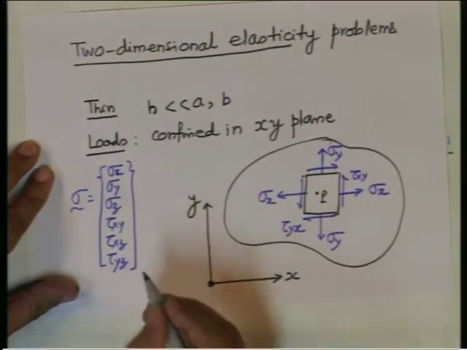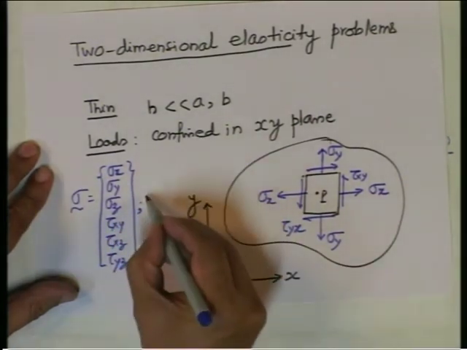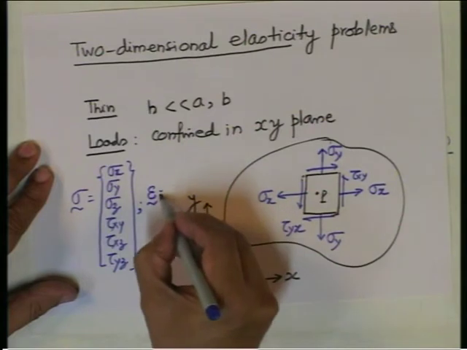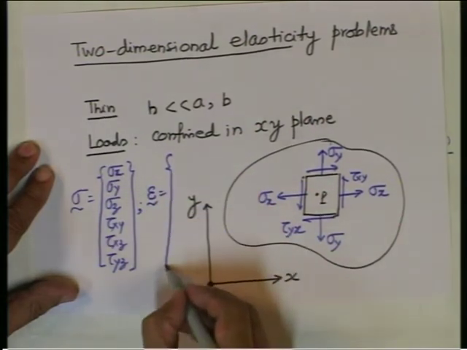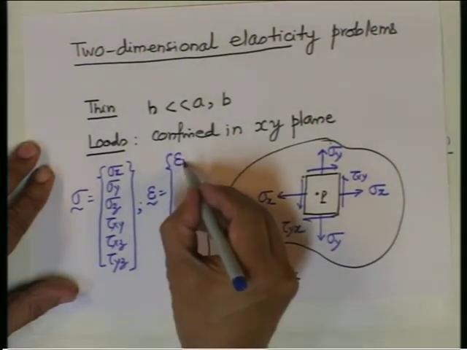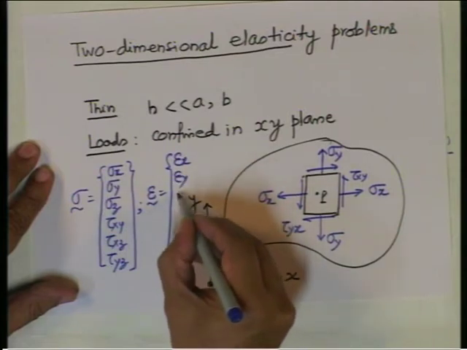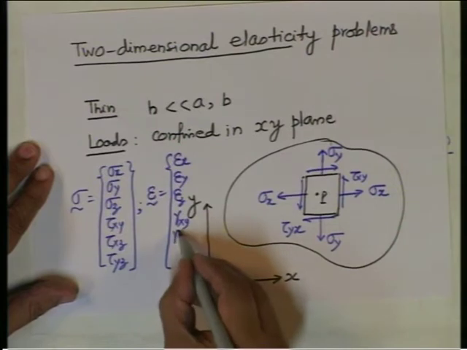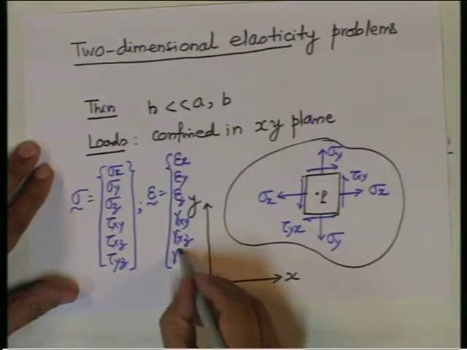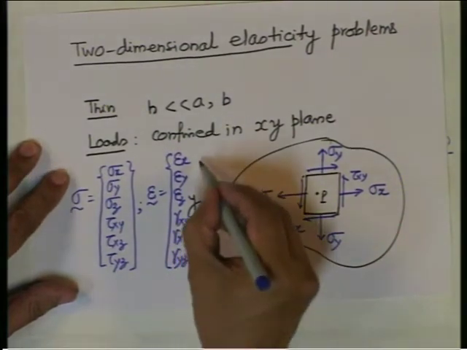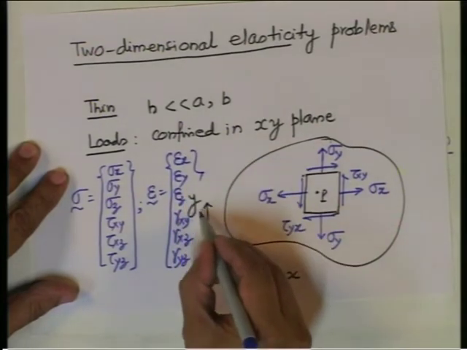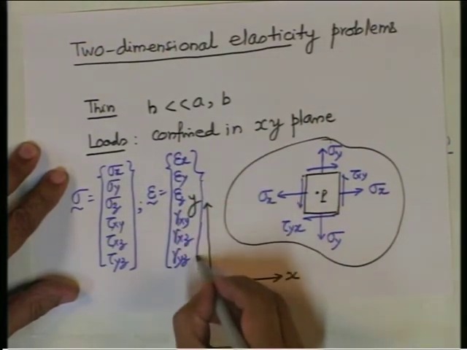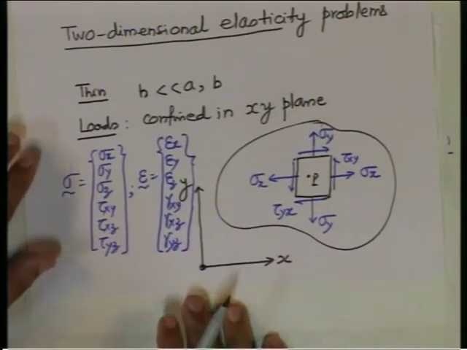And the corresponding strains are normal strain x, normal strain y, normal strain z, shear strain in the xy, xz, and yz planes. This is the normal state at any point in a 3-dimensional elastic body.